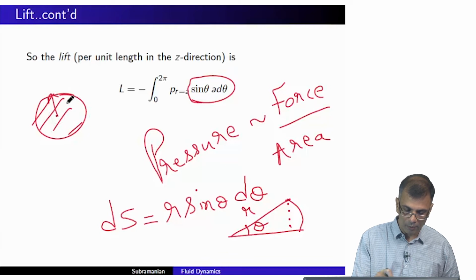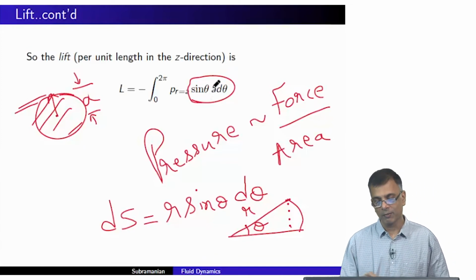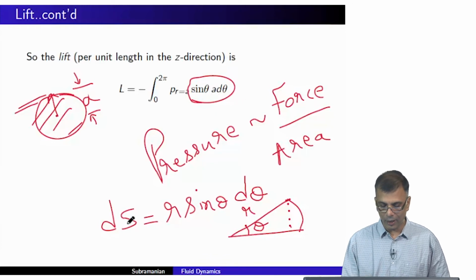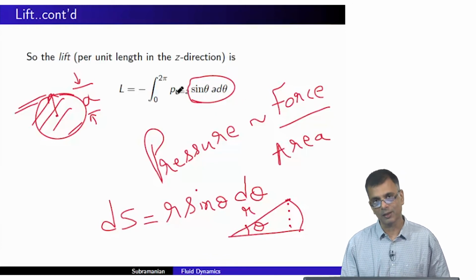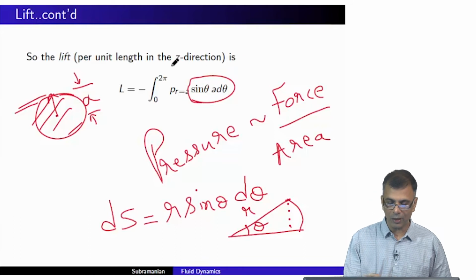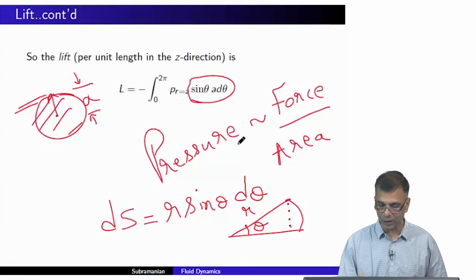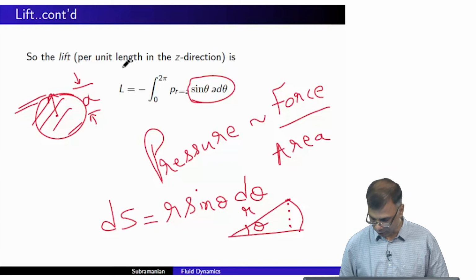The radius is A, and we are concerned with the pressure right here, so that's why instead of r we have an A. So this is the area element, and this is P dS essentially. In particular we are writing down the P at r equals A, and we integrate this from 0 to 2 pi, and that is what we call the lift. That's a force essentially, pressure times area, a lift force.